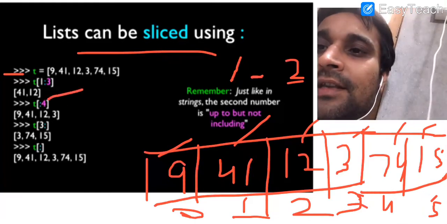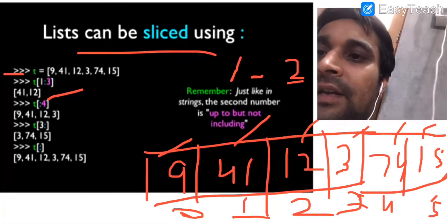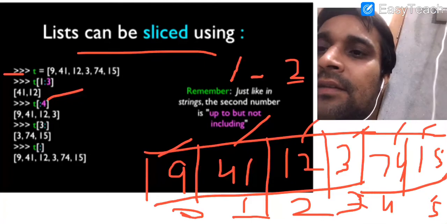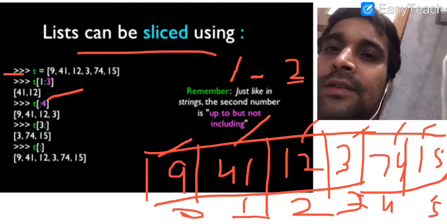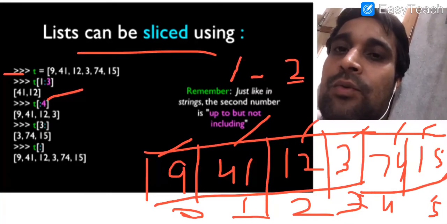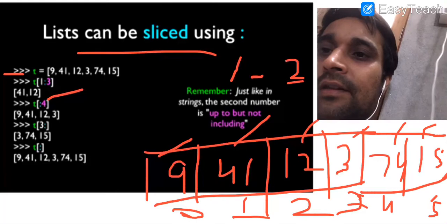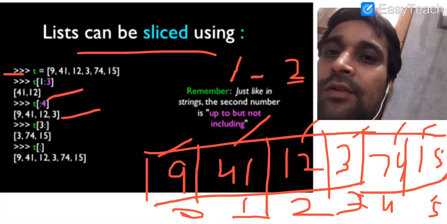So we are getting the result as 41, 12. Thereafter we have written T[:4]. Here we are not specifying the start, so it will automatically be taken as 0. So we get a list with the elements at index 0, 1, 2 and 3, and we get 9, 41, 12 and 3.